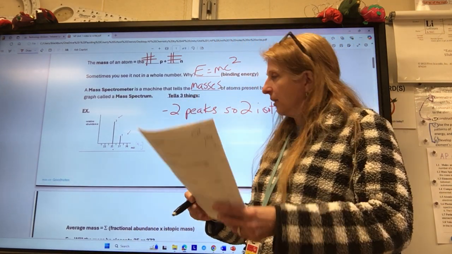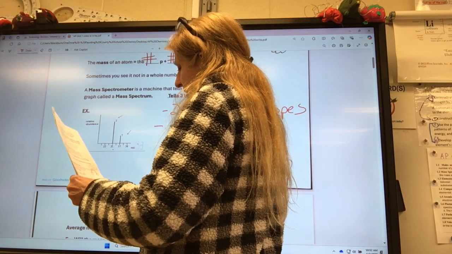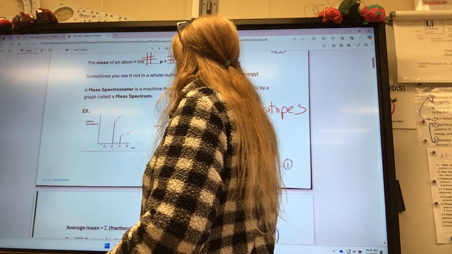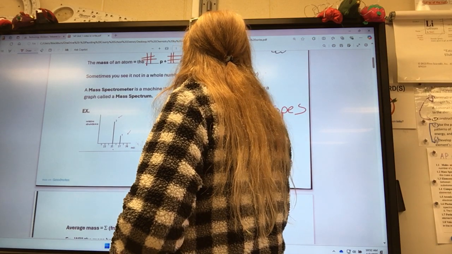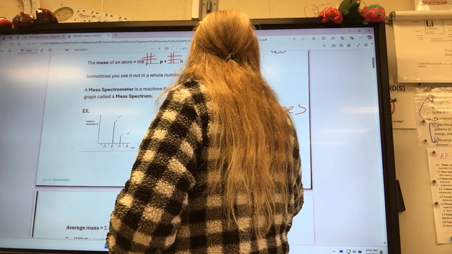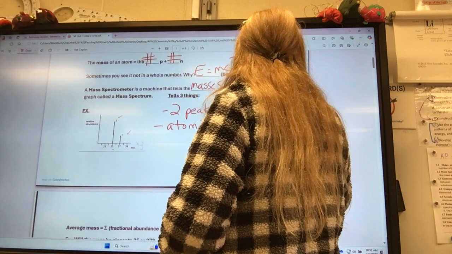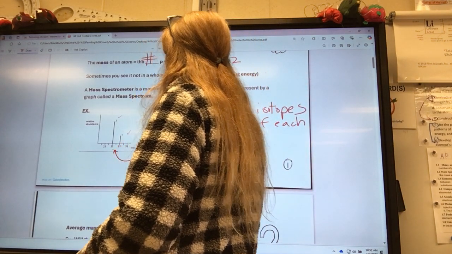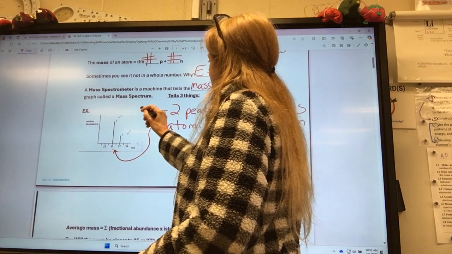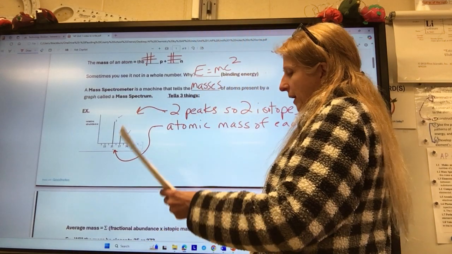Now, the next thing it tells us is the atomic mass of each isotope. So that, we'll go ahead and draw a line, is those numbers down there. 2 peaks, so we know that there are 2 isotopes.